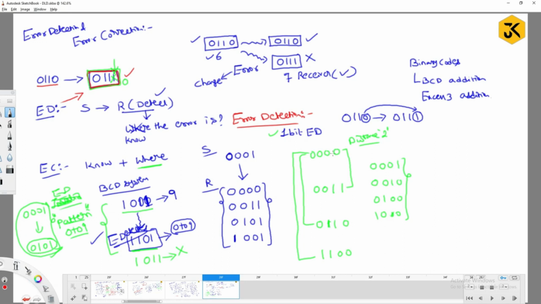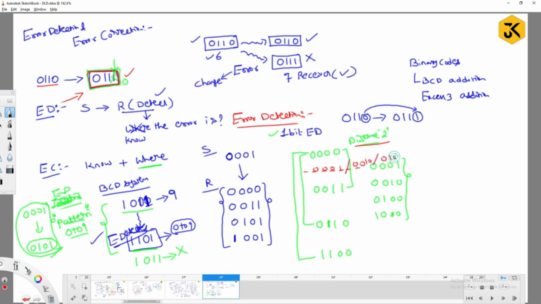Now suppose that the data I am trying to send has a distance of 2 between the valid patterns, right? Suppose, for example, I receive data where some one bit is modified; obviously it is going to be placed in one of these groups. If it is 0001, it will come under here. If it is 0010, it may be found here only.